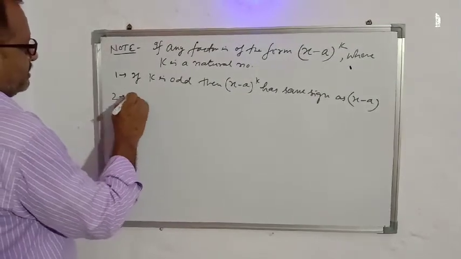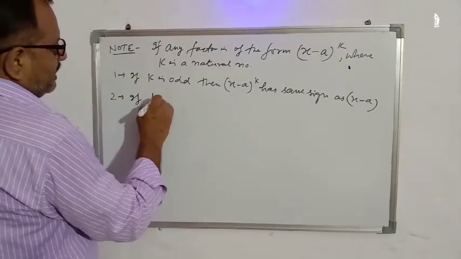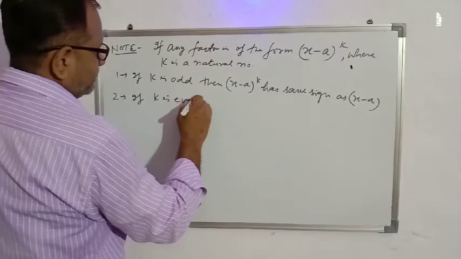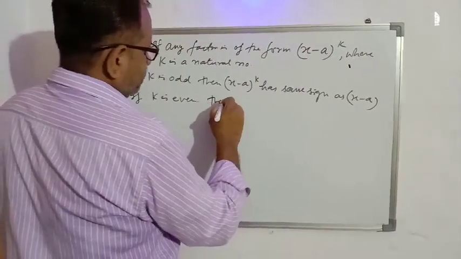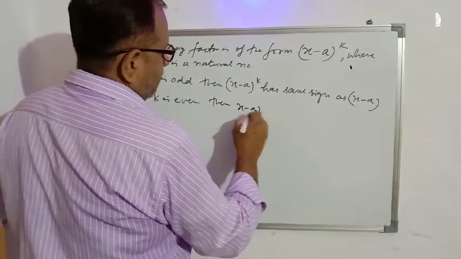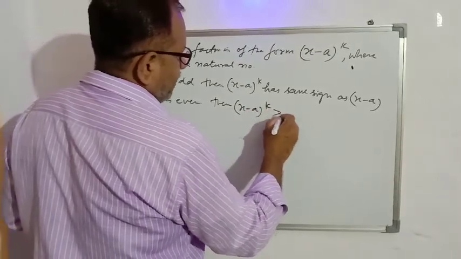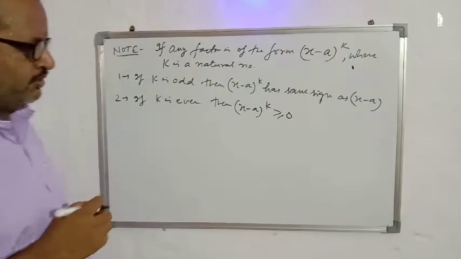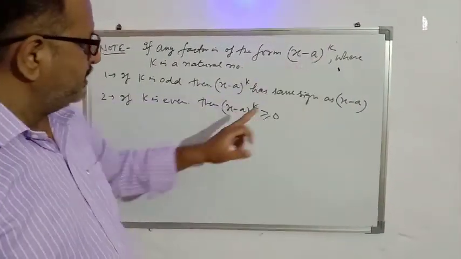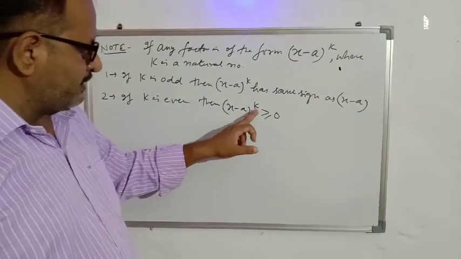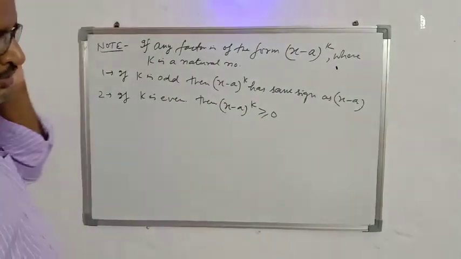And second, if k is even, then x minus a to the power k is greater than or equal to 0.